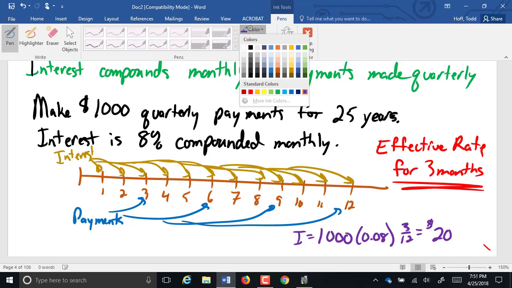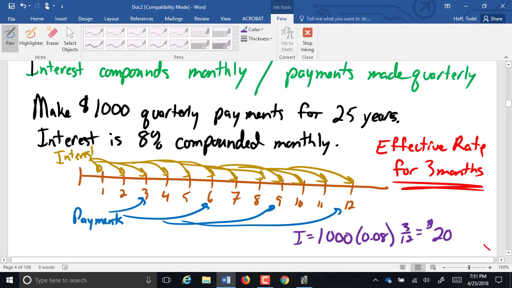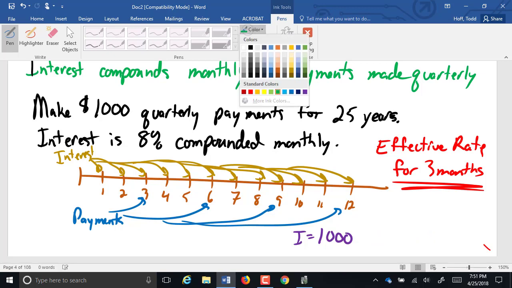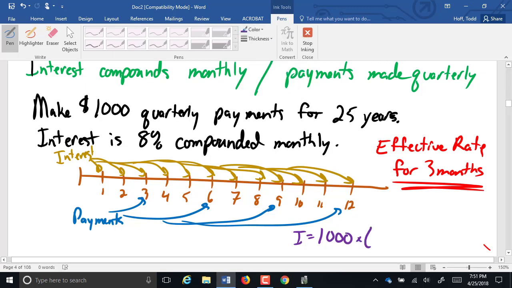So now our effective rate, oops, I did that wrong. What do I have to do? I did simple interest. I've got to compound that interest. It's times 1 plus 0.08 divided by 12 to the power of 3, because I'm only going for 3 months, right?